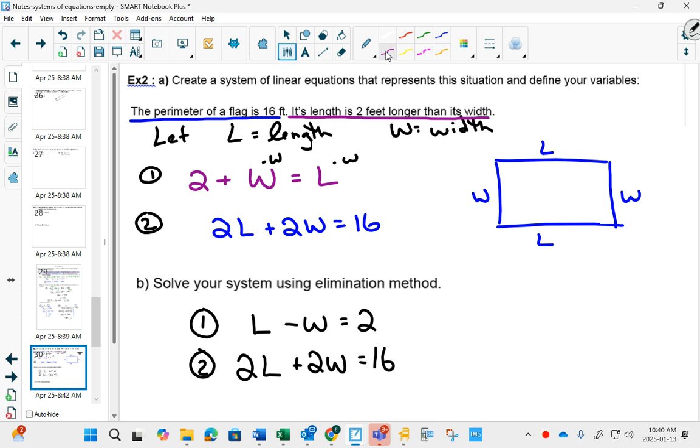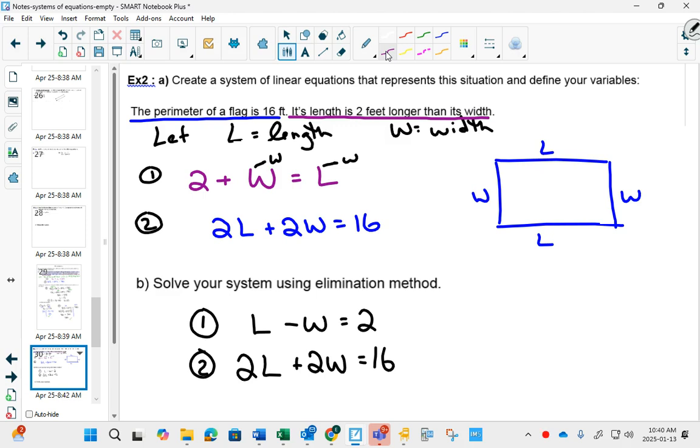First of all, we have to set things up so my columns are the same. Probably looking at this one and going, oh, but it was so easy for substitution. I agree. I would have probably used substitution if I had a choice, but it said to use elimination. So in using elimination, we first had to get all of our columns lined up. So I had to rearrange equation 1, and I did that by subtracting W on both sides.